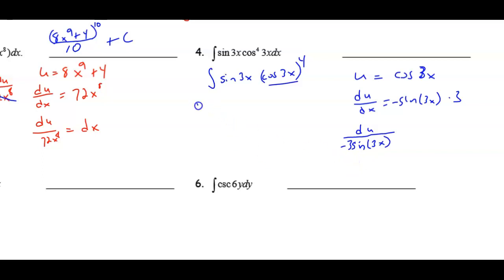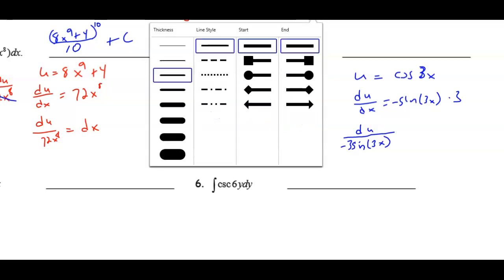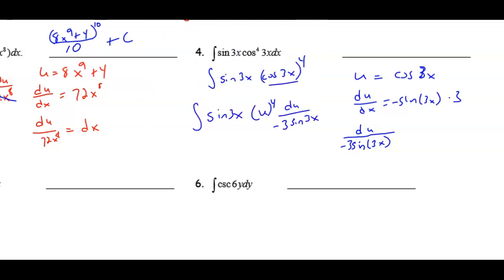So when I rewrite this, I have sine of 3x times u to the fourth du over negative 3 sine of 3x. All right, and of course, I think you see what happens here is that sine of 3x is going to cancel.